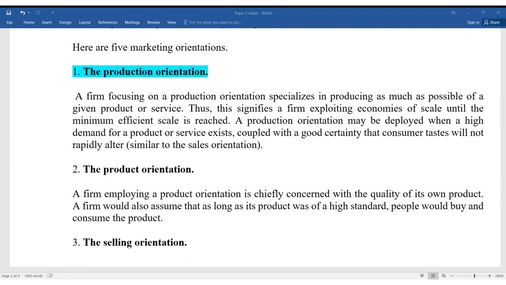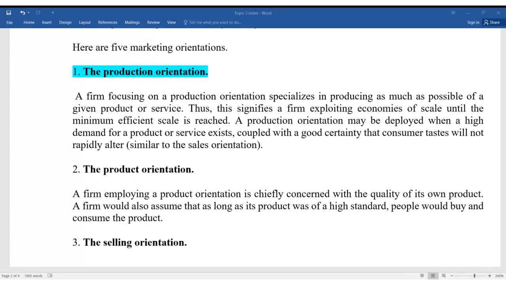That will make it possible for the company to produce as much as possible. Infrastructure to support distribution and production. So those are key aspects that you need to remember.